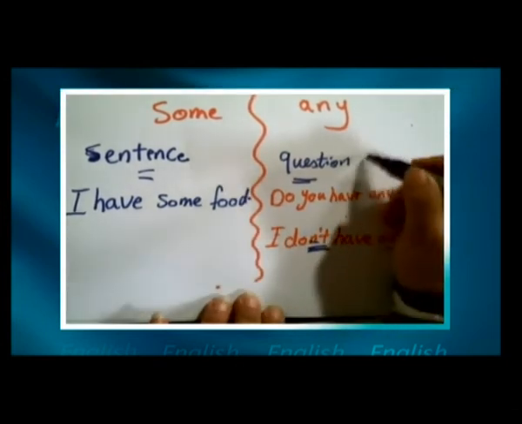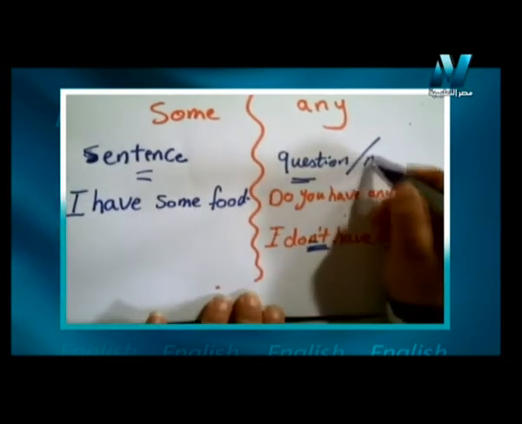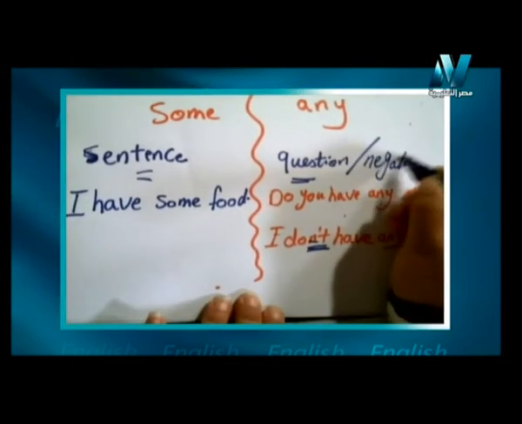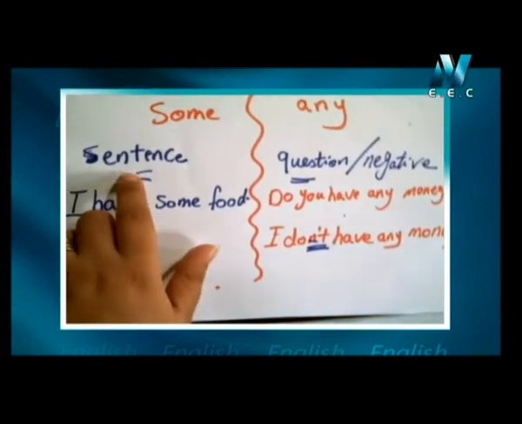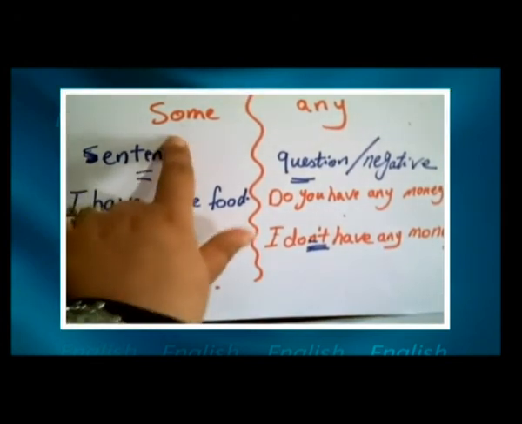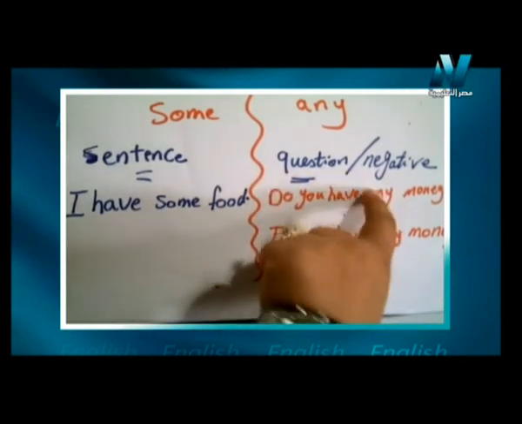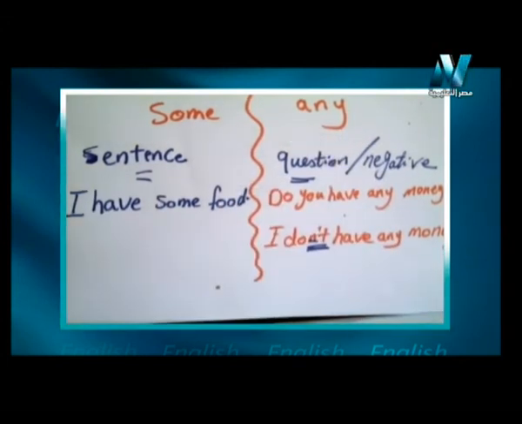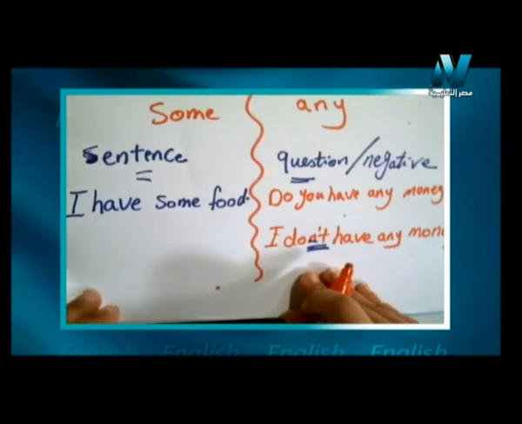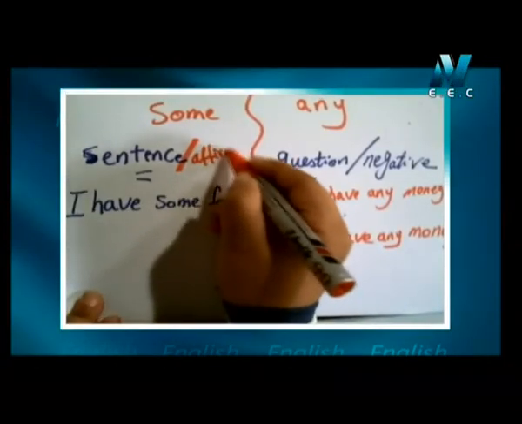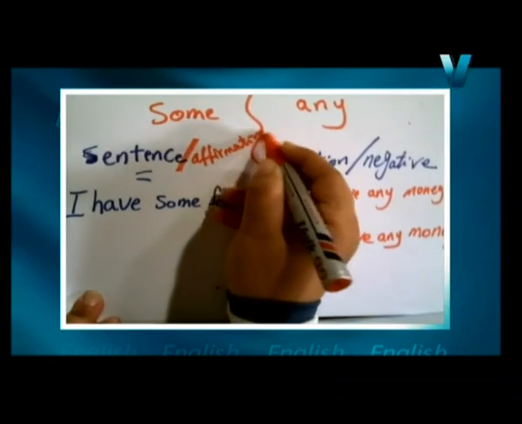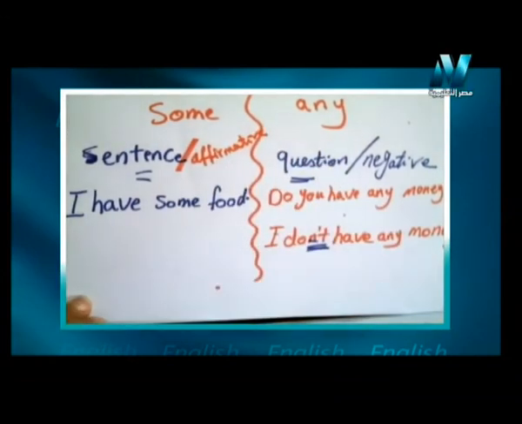So I use any in the question and in the negative form. I use some in the affirmative sentence, and in the question and negative, I use any. In the affirmative sentence. يعني لازم ما يكونش فيها نفي. Okay.